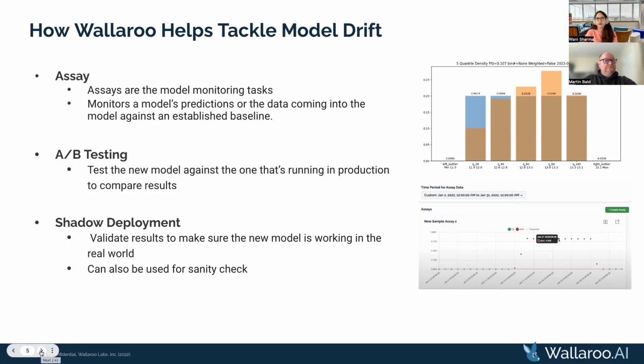And before we commit to the new model, I think we should make sure that the new model behaves on real world data. We can do a shadow deploy and validate results by sending all the data to the current model and the new model and make sure that the new model is working when all the real world data is sent to it.